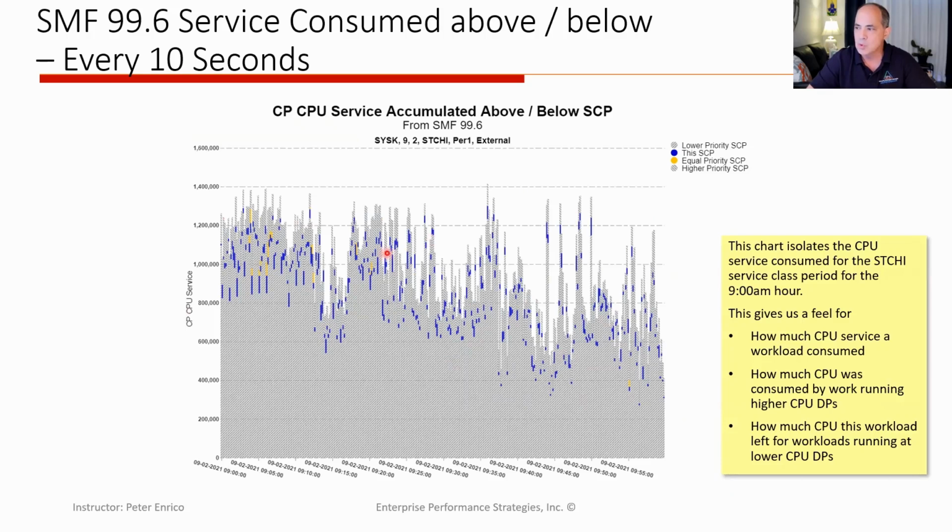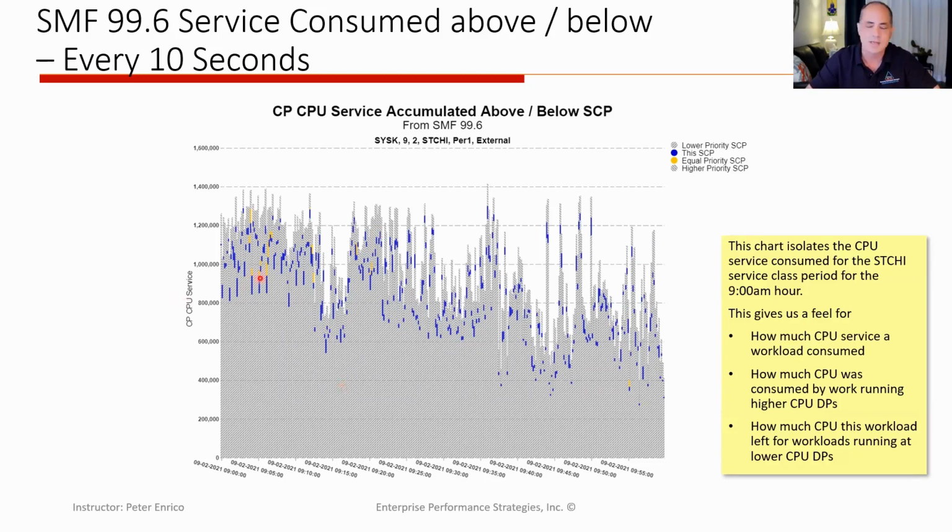The blue is how much CPU service is consumed by, in this case, STC high. We see over the hour, STC high is only using a small amount of CPU relative to the overall usage of the CPU. The gray above the blue is how much service is being consumed by work running at higher CPU dispatching priorities. The gray below the blue is how much CPU is being consumed by work running at lower dispatching priorities.